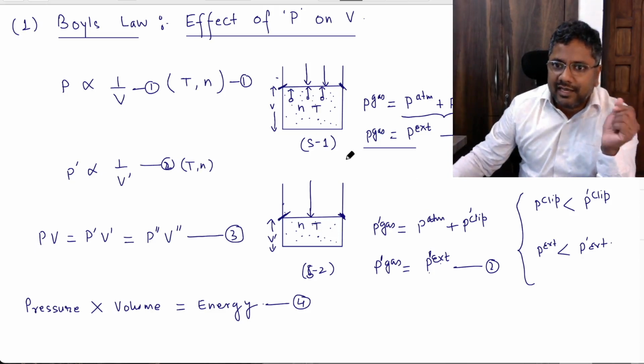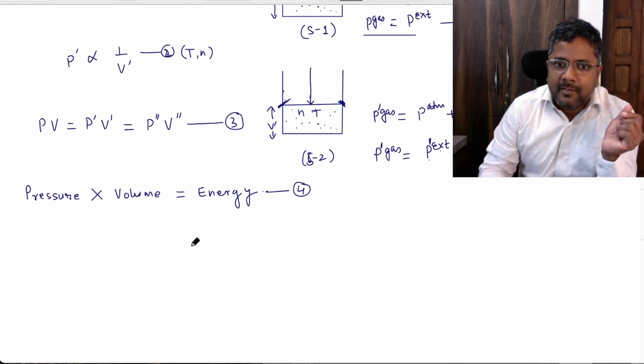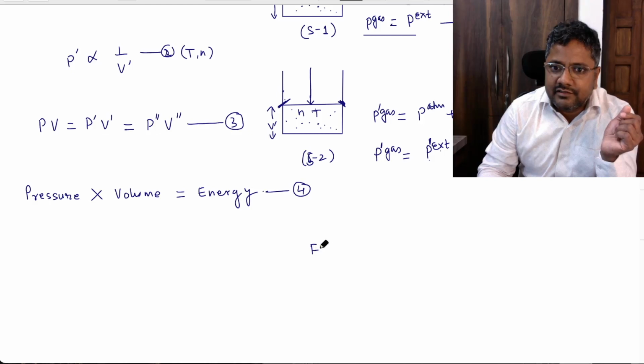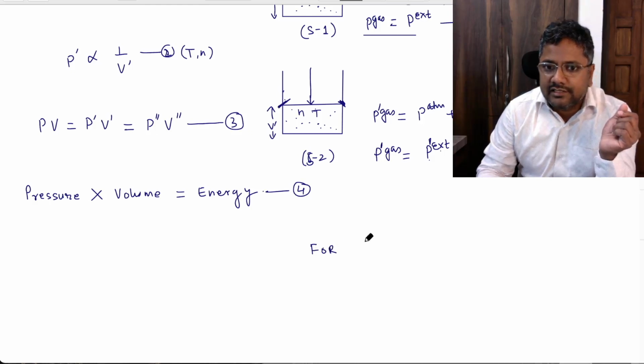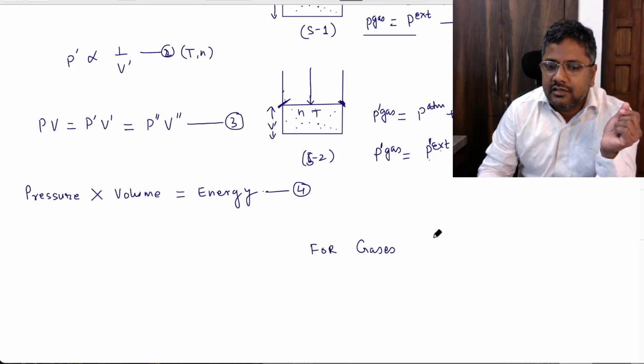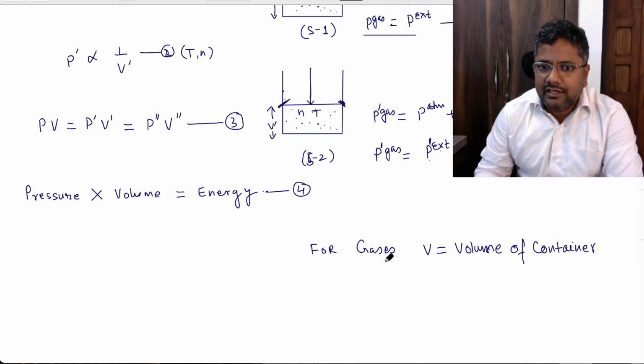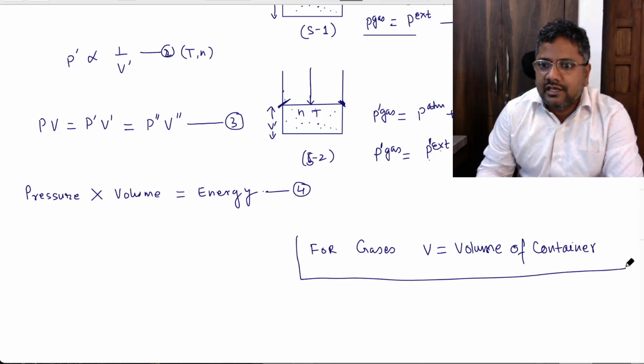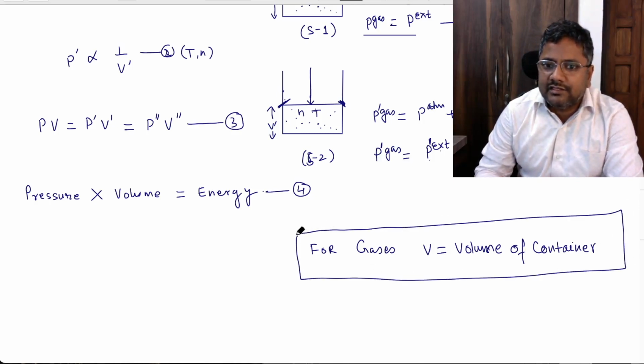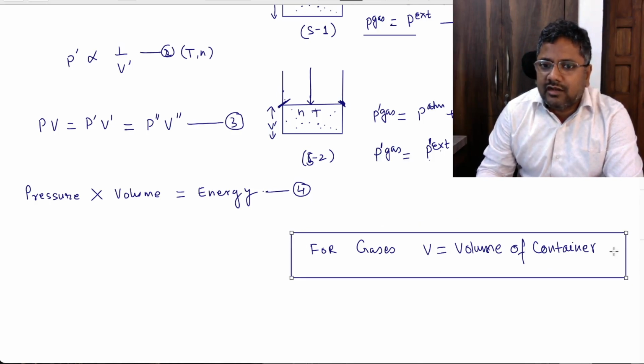And for gases, one very important thing: V is nothing but the volume of the container, right? So whenever it is the case of gas, every time you have to visualize the volume of the container.